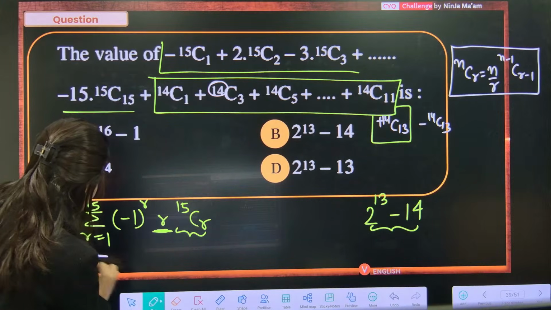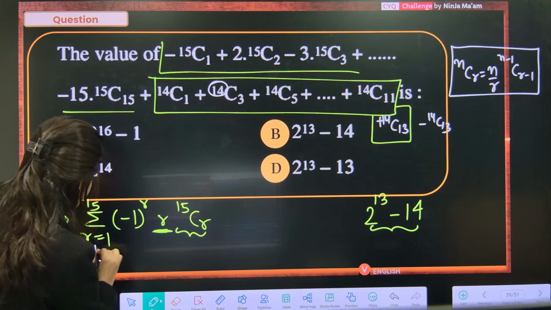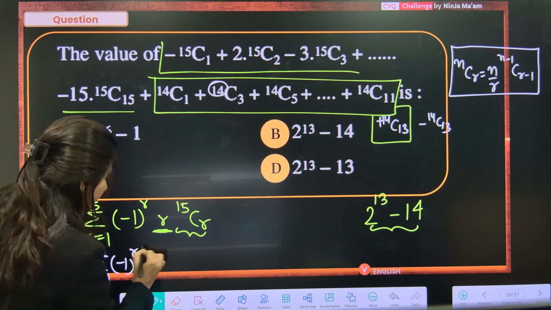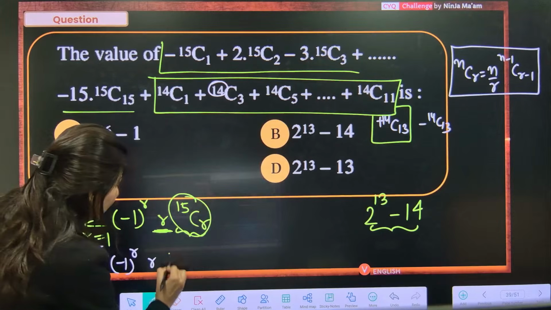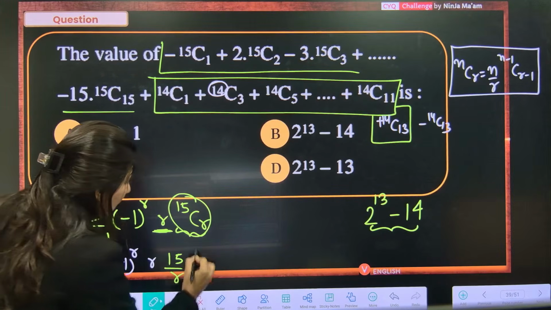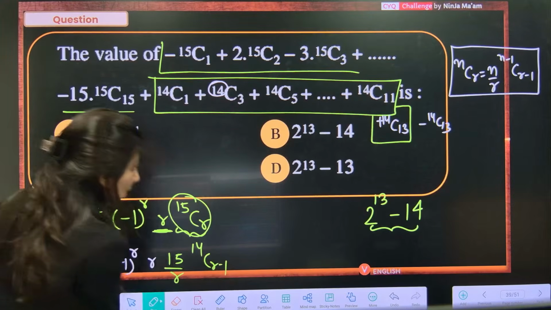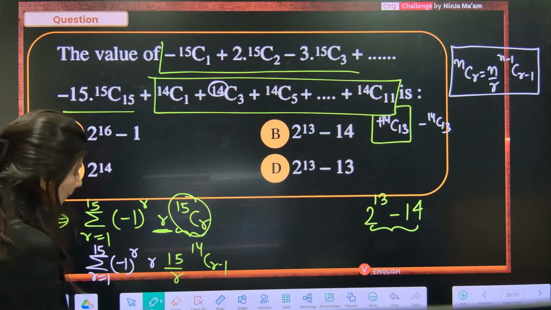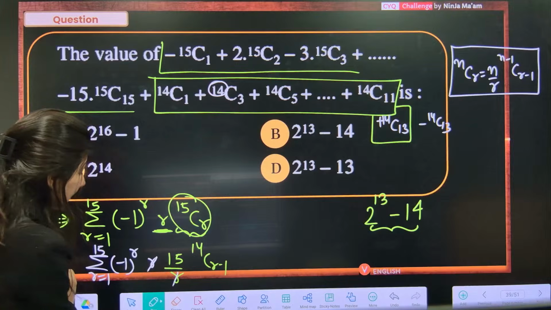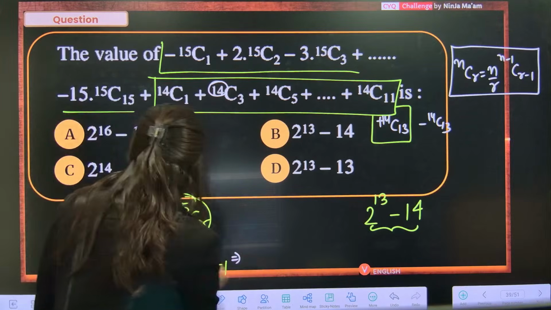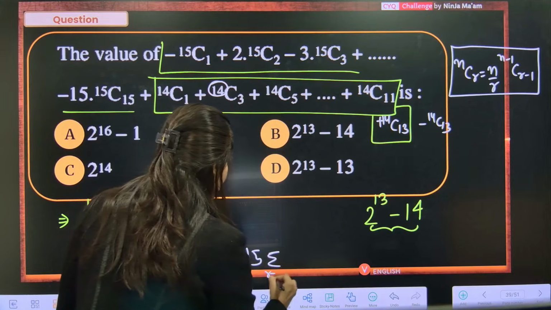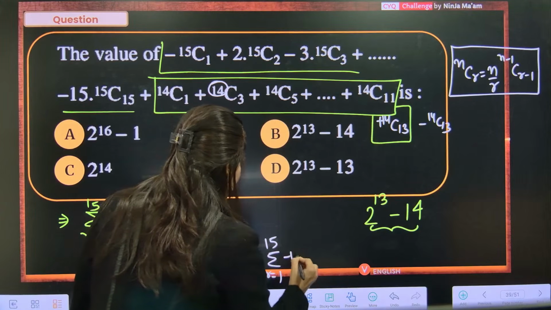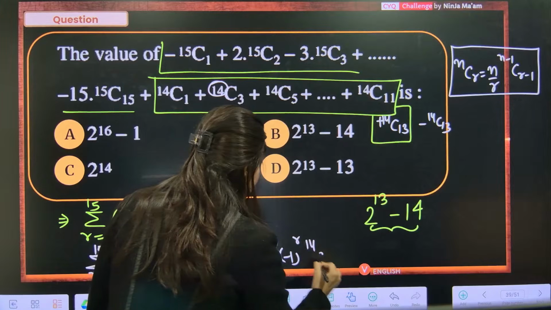So this is going to be sigma R equals 1 to 15, minus 1 power R. This is already R. Now 15CR is 15 by R and 14C R minus 1. So R and R get cancelled out and now 15 will come out: 15 sigma R equals 1 to 15, minus 1 power R, 14C R minus 1.